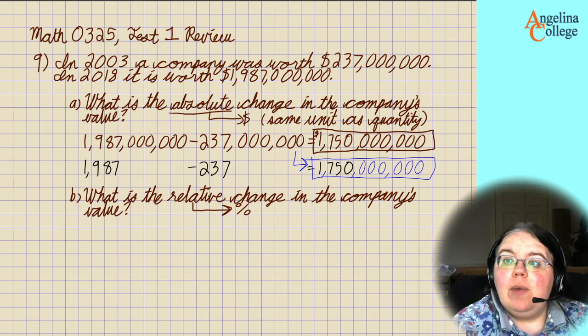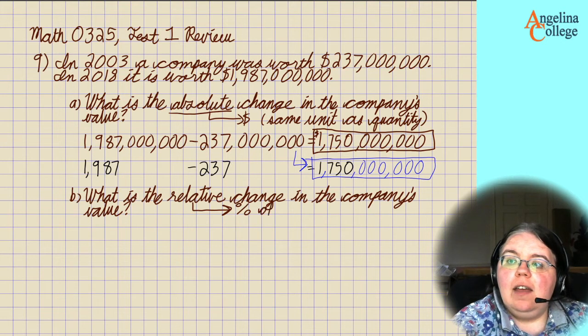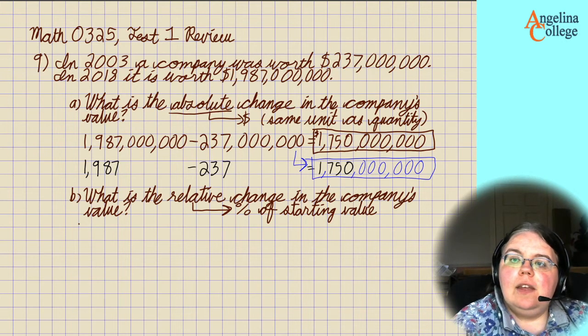Now remember, though, relative change won't be in dollars, it'll be as a percent. And relative change is always a percent of the starting value. So one way you can think about this formula is absolute change divided by start.